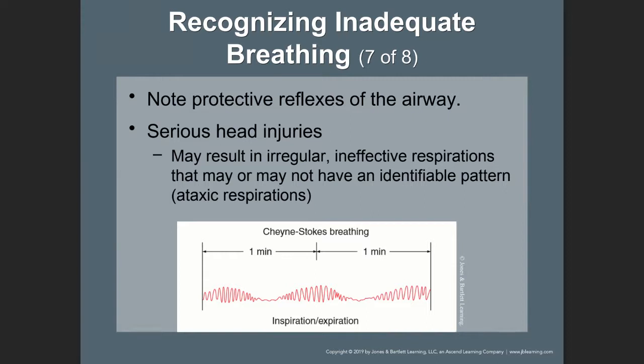Cheyne-Stokes respiration is irregular, but a pattern can be identified. Breathing rate goes up, goes down, then there's a pause, it goes up, goes down. So it's irregular, but it is regular. It has a pattern that can be identified. Whether it's Cheyne-Stokes or ataxic respiration, they are associated with head injury.